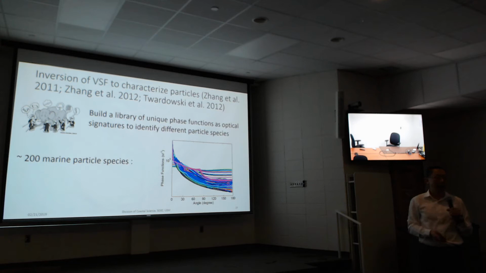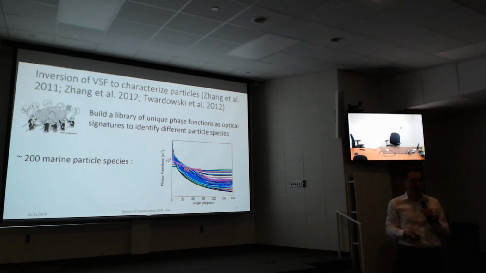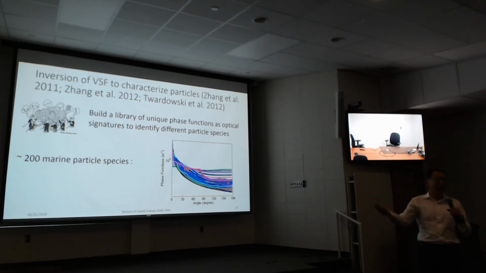So with this, we build this library, and so far we have built about 200 different particle species, and each one represents one line here. You can imagine each line represents a different animal in the zoo of the ocean, or we call them different particle species or populations.